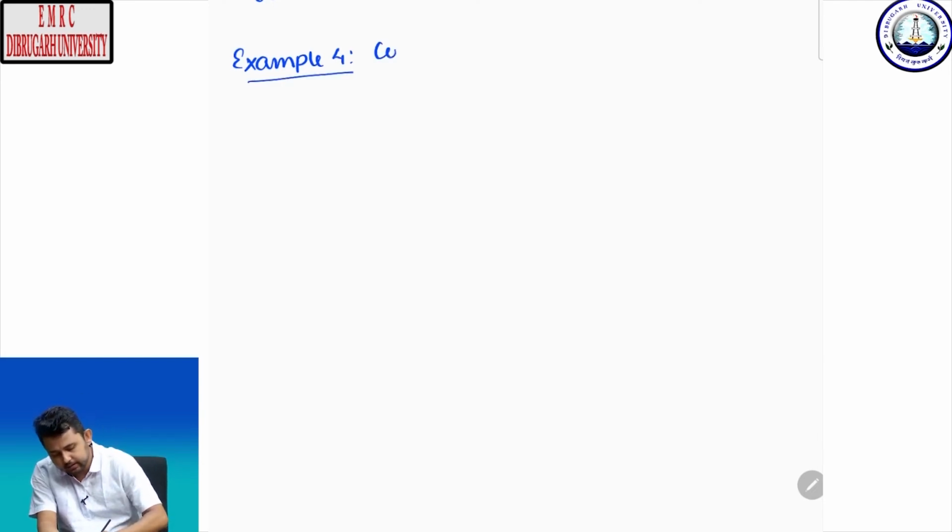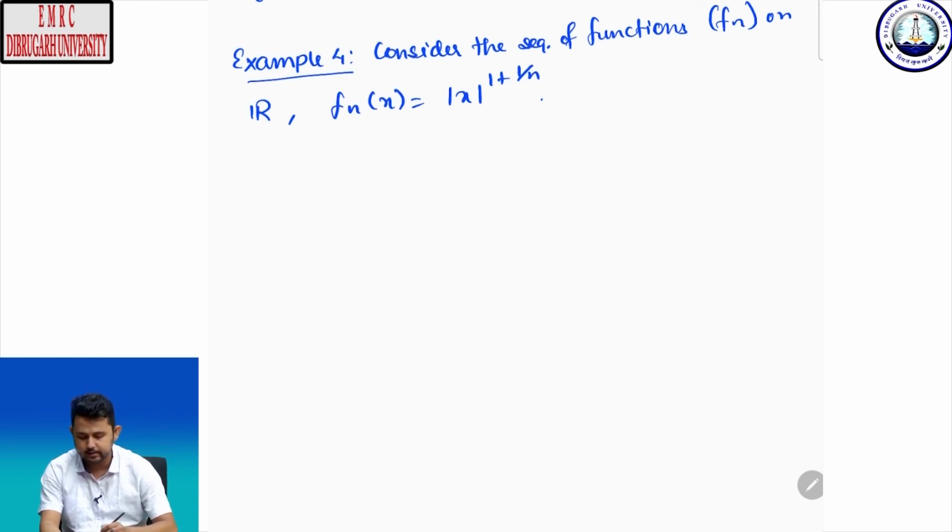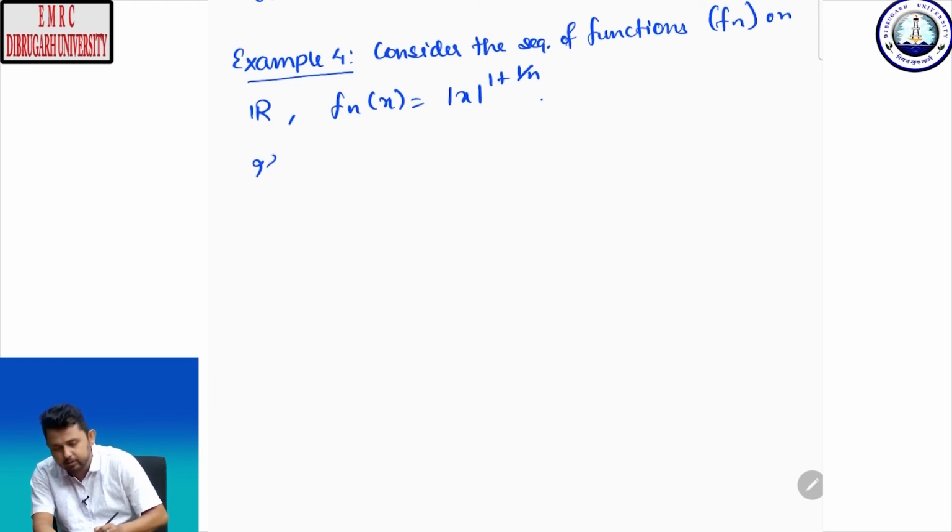Consider the sequence of functions fn on R, where each fn is given by the formula fn(x) = |x|(1 + 1/n). Now, again, since we are aware that the limit function depends upon the value of x, we have the following two cases.